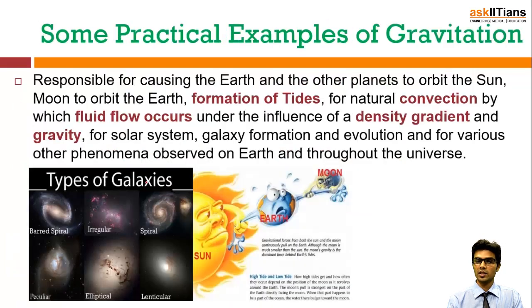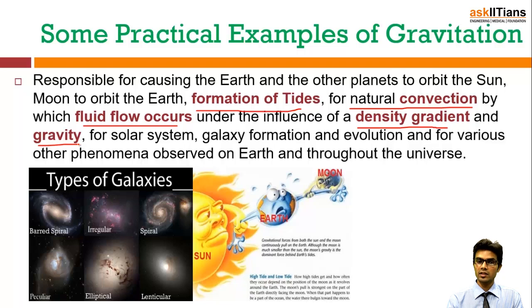Let us take some practical examples of gravitation. Gravitation is responsible for causing the Earth and the other planets to orbit the Sun, the Moon to orbit the Earth, formation of tides, and natural convection, by which fluid flow occurs under the influence of density gradient and gravity.